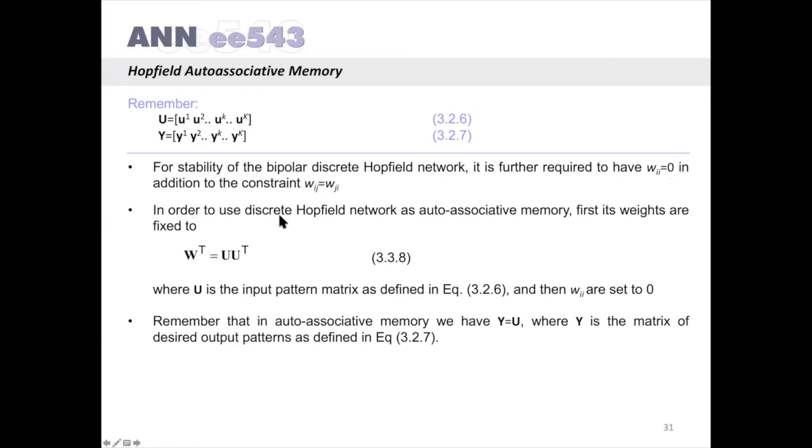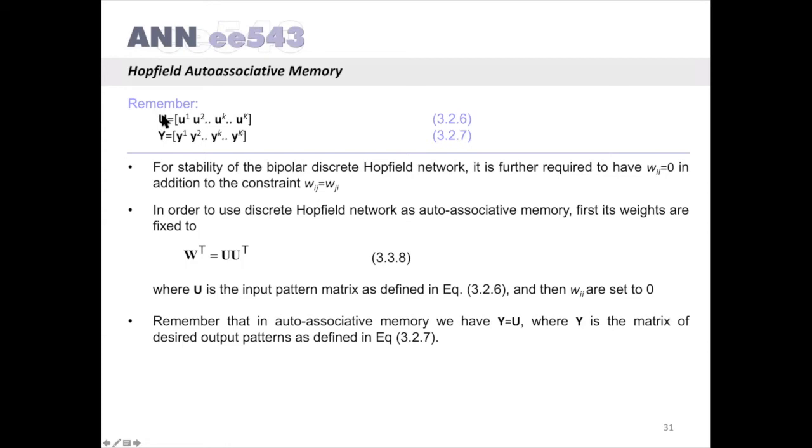In order to use the discrete Hopfield network as auto-associative memory, first its weights are fixed to W, the weight matrix, which is equal to U U transpose by definition, where U is the input pattern matrix as defined in this equation previously. Here U is the matrix having k columns. These are the exemplars to be remembered by the Hopfield associative memory, and each column here is a vector of dimension n.